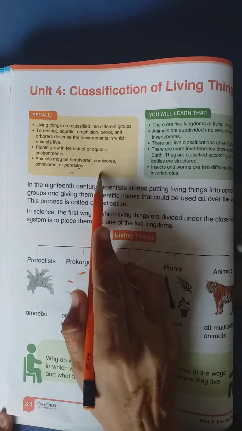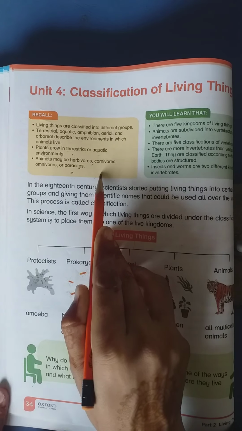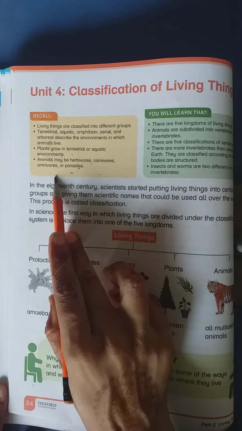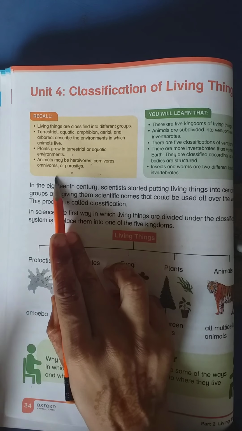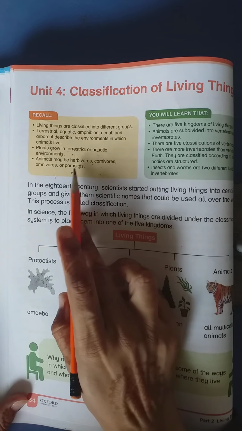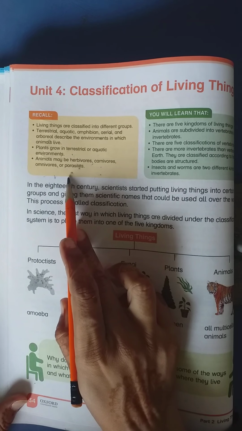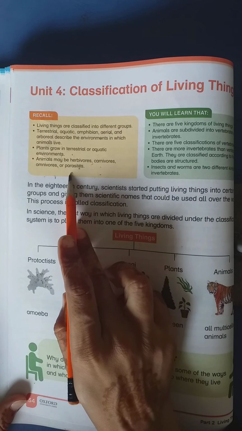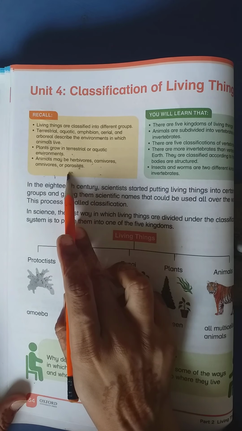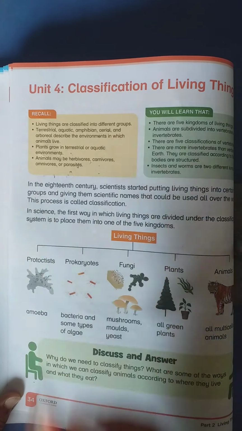Some animals are only carnivores. It means they eat only meat. And some animals are omnivores like us. We eat both plants as well as animals. That's why we are called omnivores. And some are parasites. It means they attack other animals and get their food.